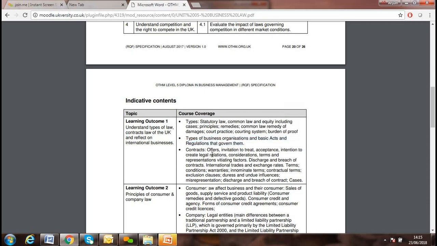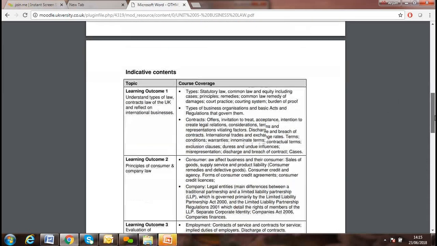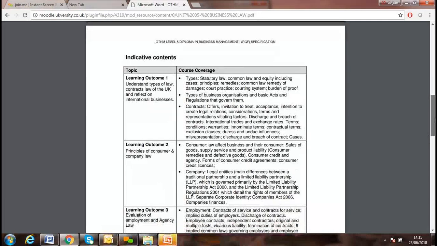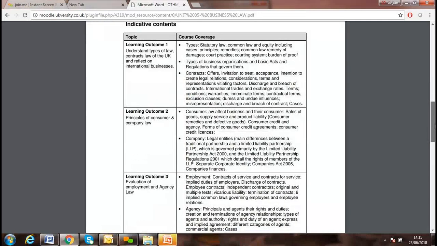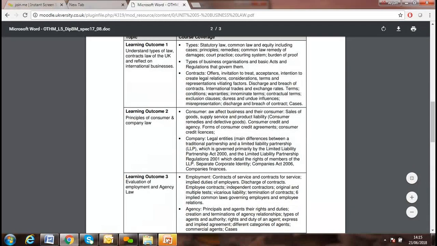So there is a huge element under this learning outcome, including contract law, discharge, breach of contract, international trade and exchange rates, terms and conditions, warranties, nominate terms and contractual terms. We'll try our best to explain all this terminology and address it during this learning outcome.